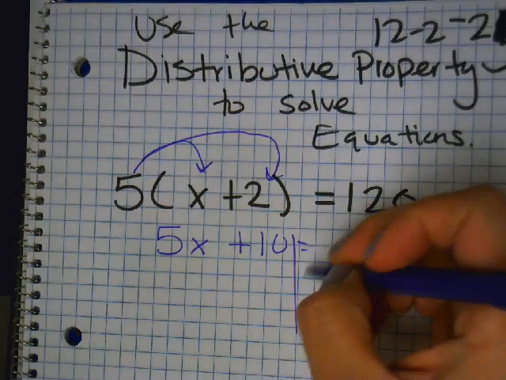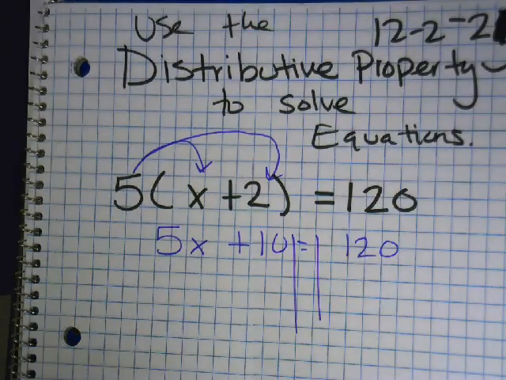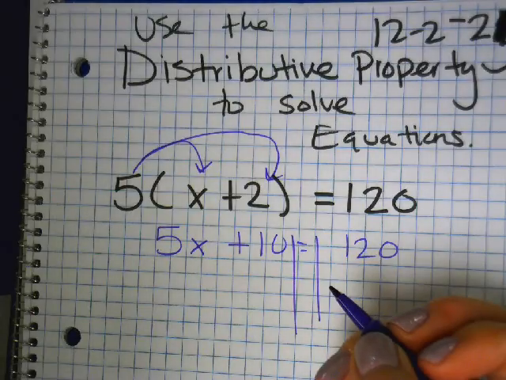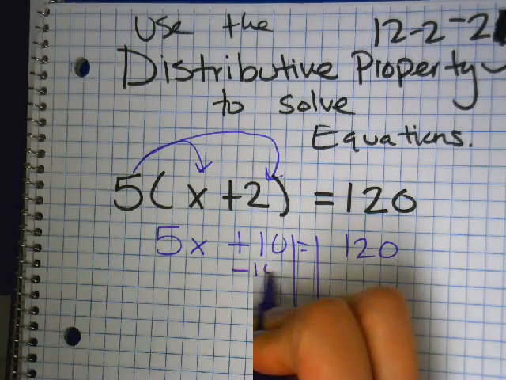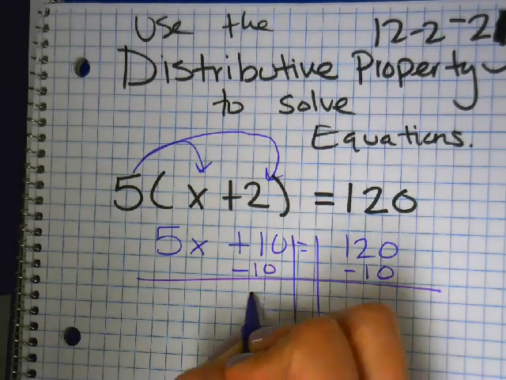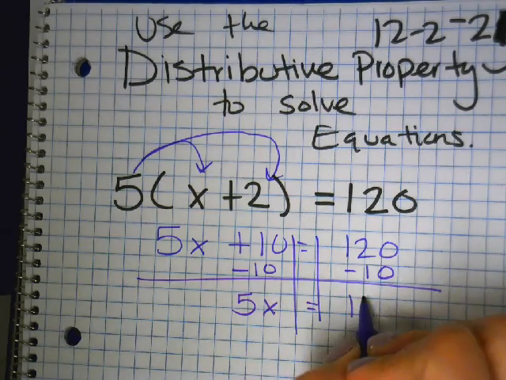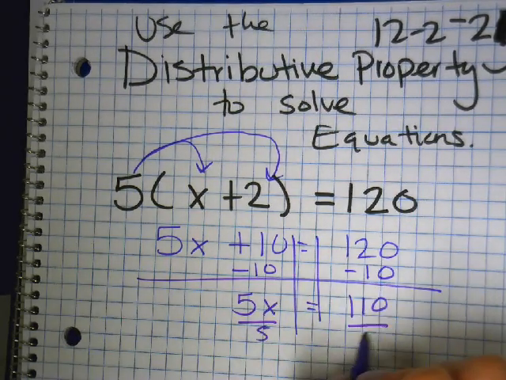So, draw the bars. What do I move first? Subtract 10. We're left with 5x equals 110. Divide by 5.